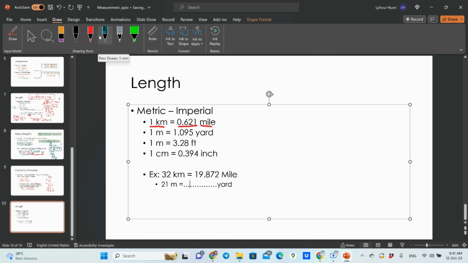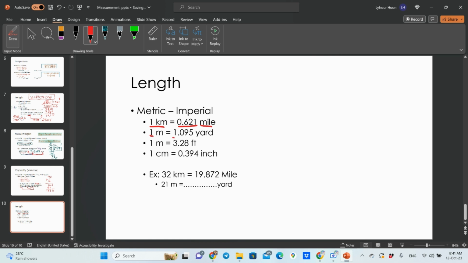Now, for meter to yard. 1 meter is equal to 1.095 yards. So 21 meters equal to... do we divide?